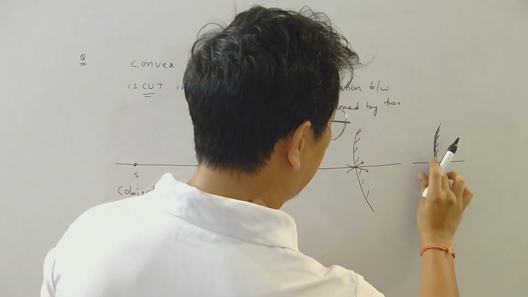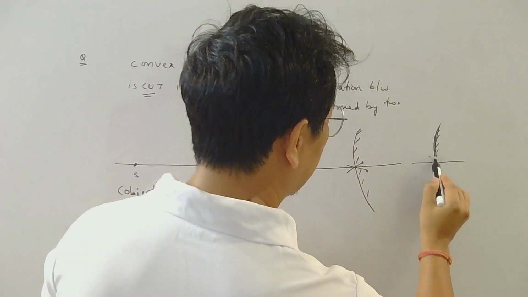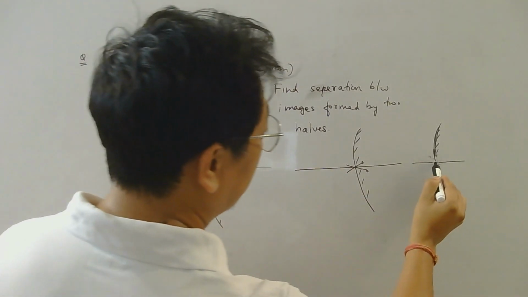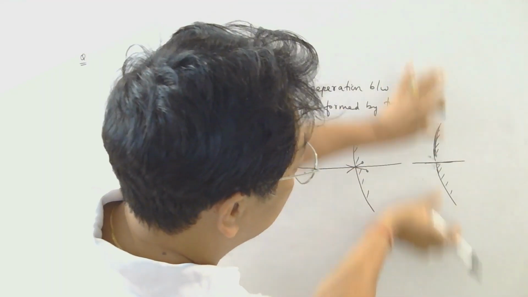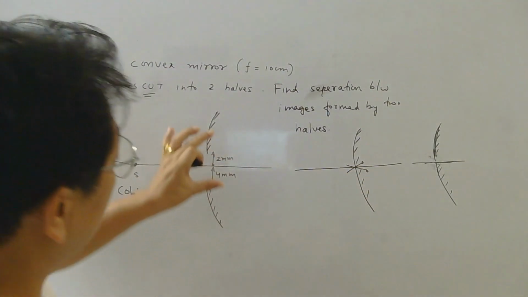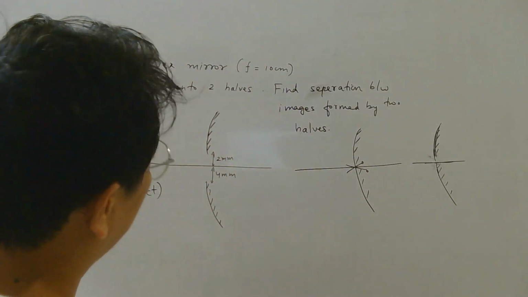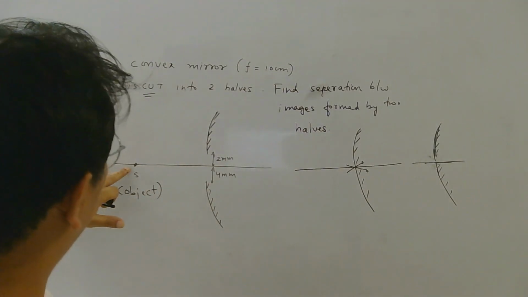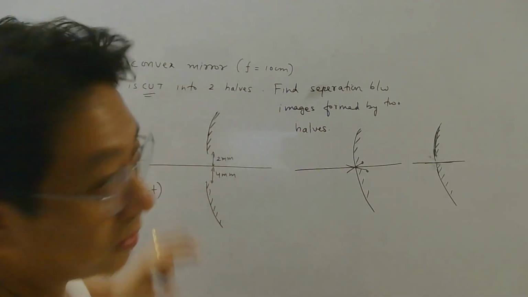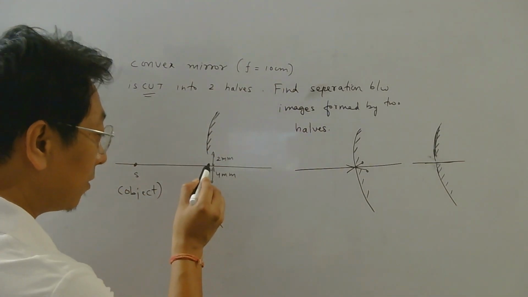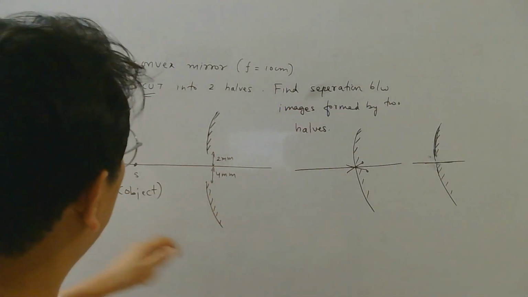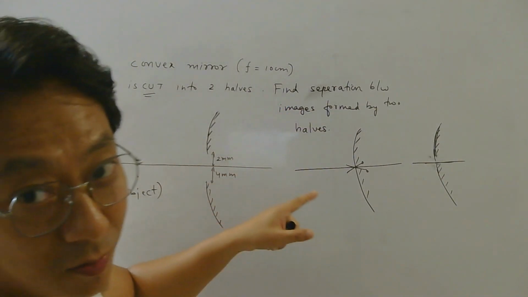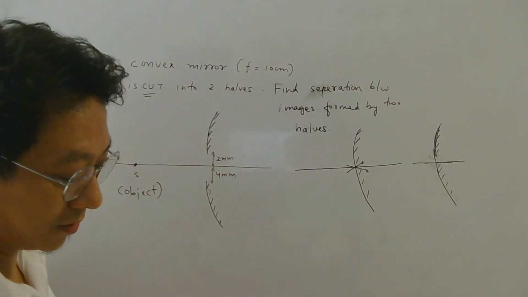This half and this half separated. After cutting, they have displaced the two halves. One above the initial line where the object is kept by 2 millimeter, and one below the same line by 4 millimeter. We have to find the separation between the images formed by the two halves.